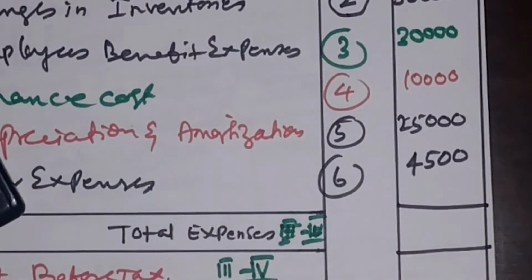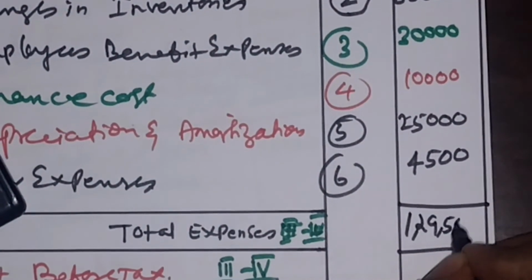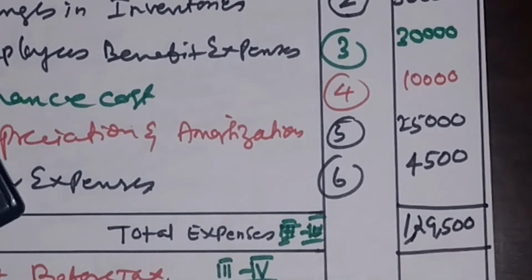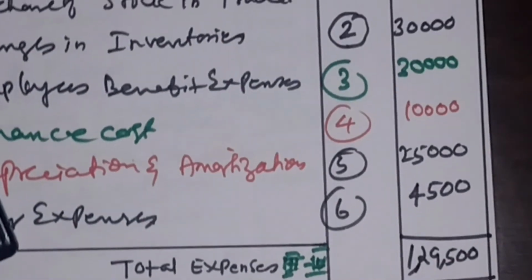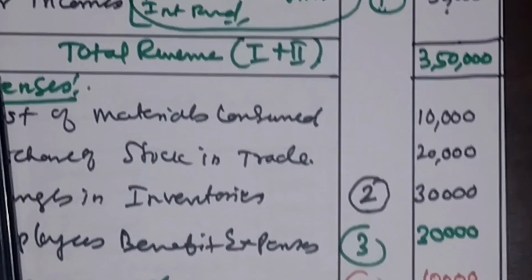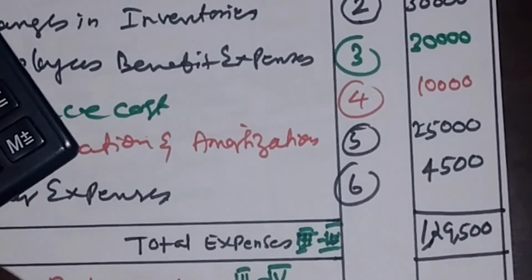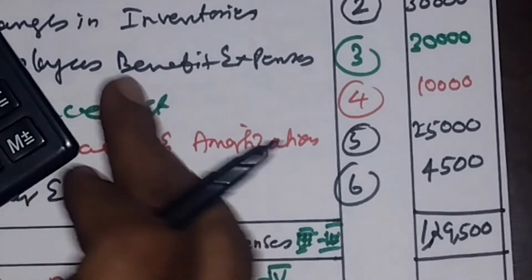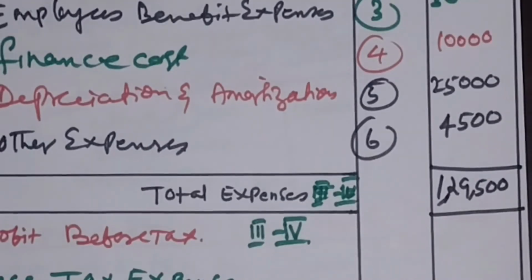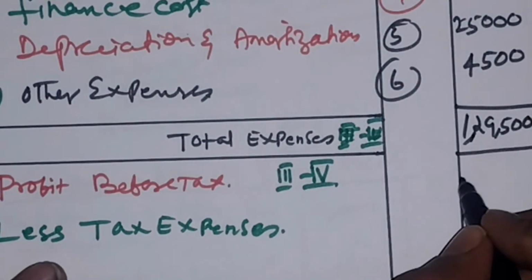The total we get here is 1,29,500. This 1,29,500 you should deduct from the total revenue of 3,50,000, which equals 2,20,500.